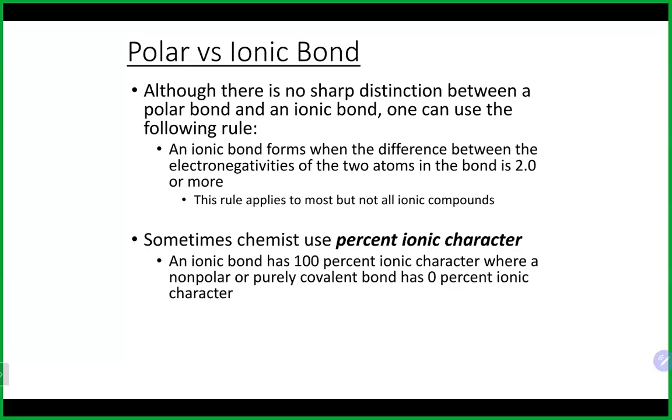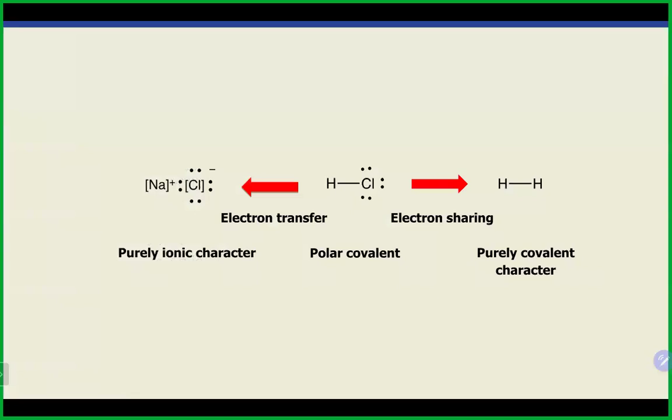If it has 100% ionic character, it is basically an ionic bond. If it has 0%, it's really a non-polar covalent bond or a pure covalent bond, and somewhere in between will give you a polar type bond. Most people nowadays don't really use percent ionic character anymore. They usually use polar, non-polar, or ionic, but it's the same idea.